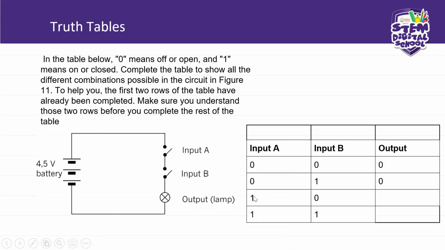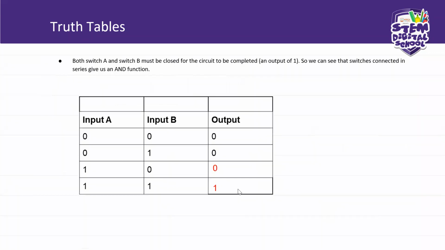And here, if input A is closed and input B is open, the output gives us 0. You said so, right? So this will be our truth table. If the input A, the first switch, is closed, and input B is also closed, the output will be 1.